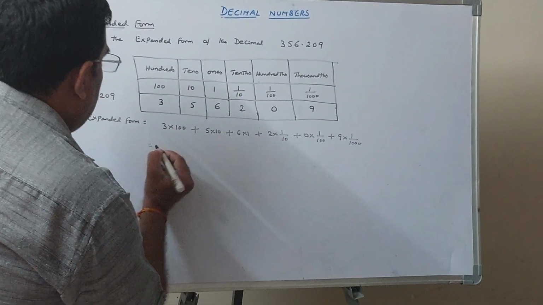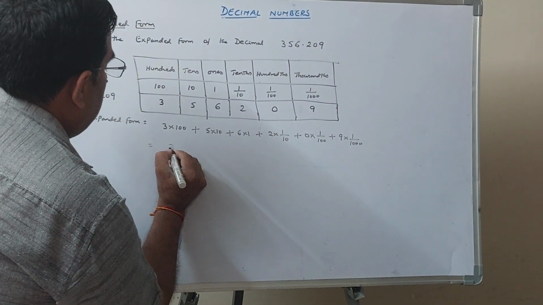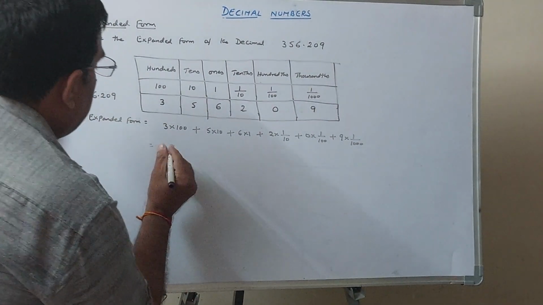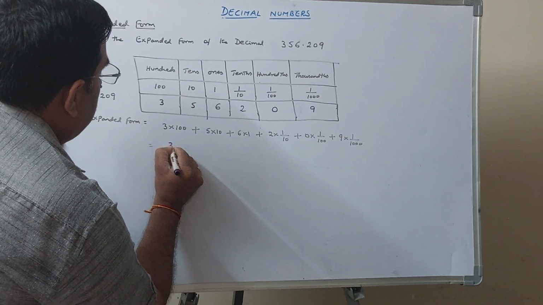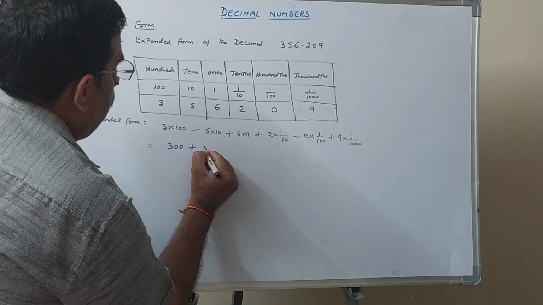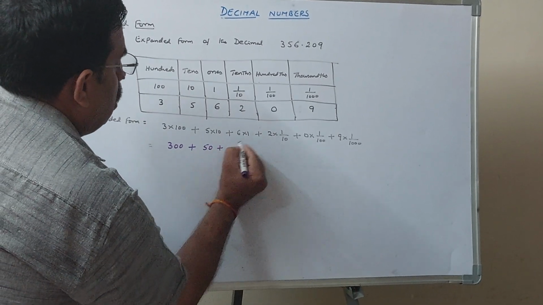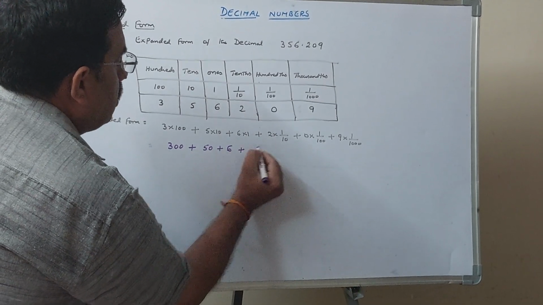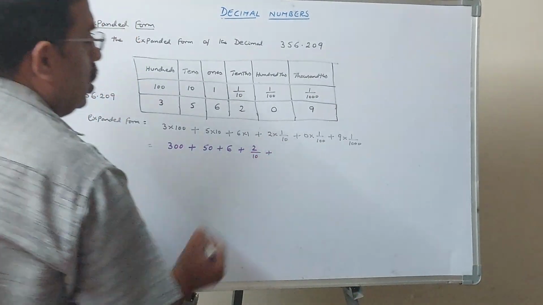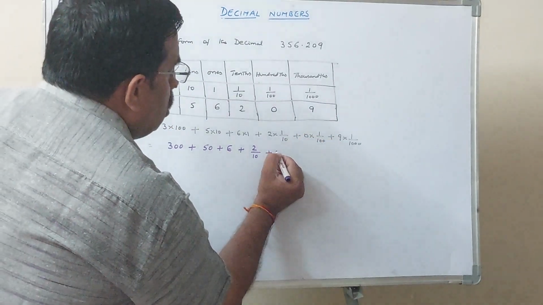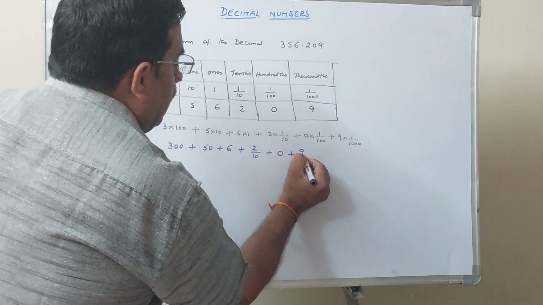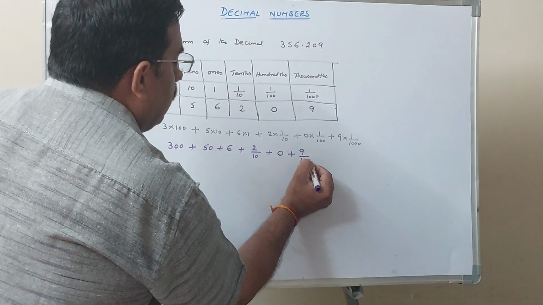So that is equal to 3 into 100 is 300 plus 5 into 10 is 50 plus 6 into 1 is 6 plus 2 into 1 by 10 is 2 by 10 plus 0 into anything is 0 plus 9 into 1 by 1000 is 9 by 1000.